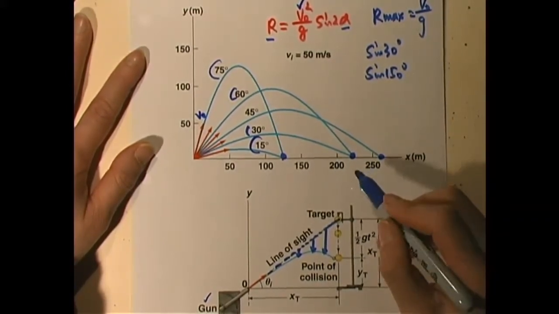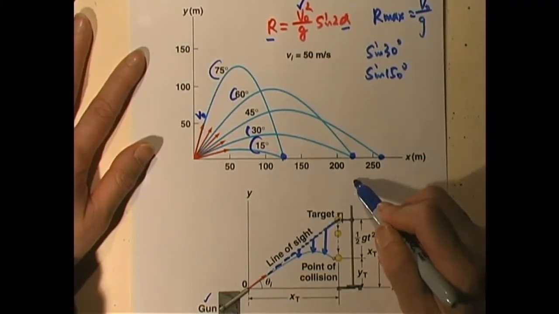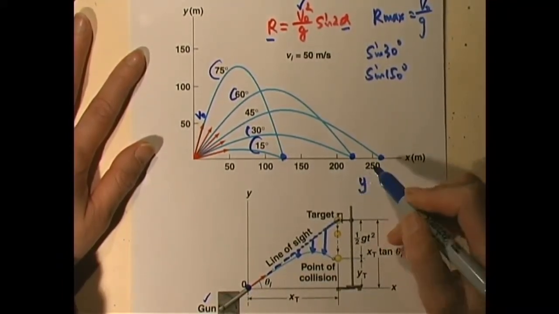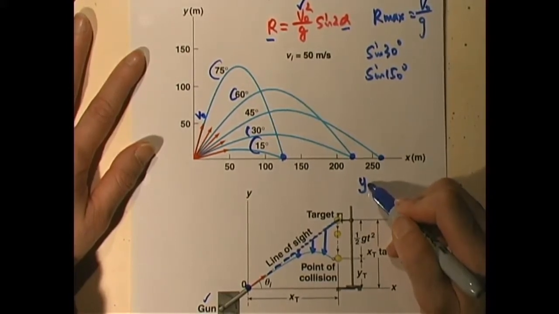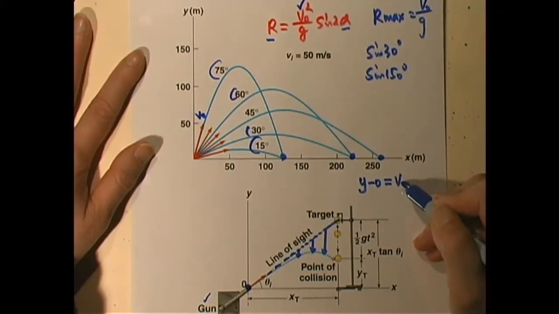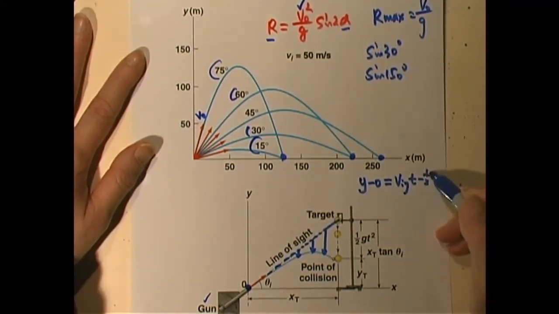Because think about this. Our y position, if this is y equal to 0 initially, at any time later, final y minus initial y is delta y equals v initial y times t minus 1/2 g t squared. What is that? The v initial y t is going up, and minus 1/2 g t squared is free fall, drop down.